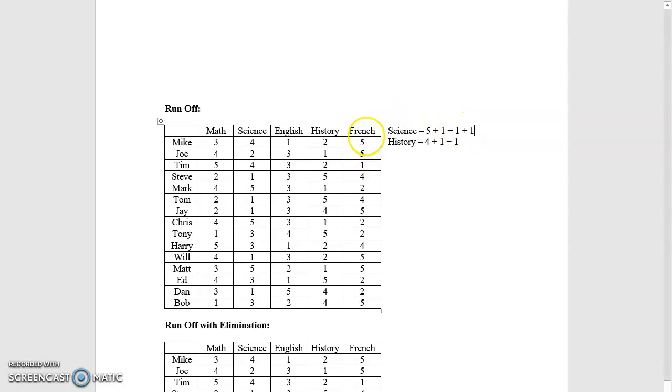And then finally, my 1 first place French vote, history is 2, science is 4, so history gets it. So in this case, this score is 8, this score is 7, so science is my winner with a score of 8.